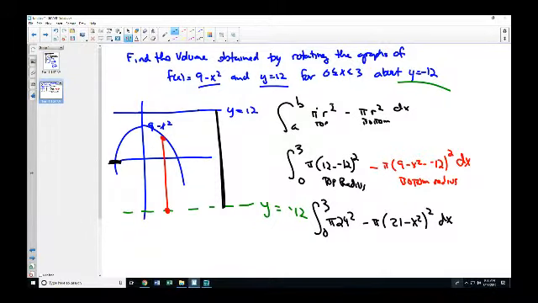You would finish that problem by simplifying it algebraically, like we do, FOIL that out, combine like terms, and then do your integration. Just keep in mind, it's top minus bottom for everything. Every layer is top minus bottom, and then pi r squared around that.